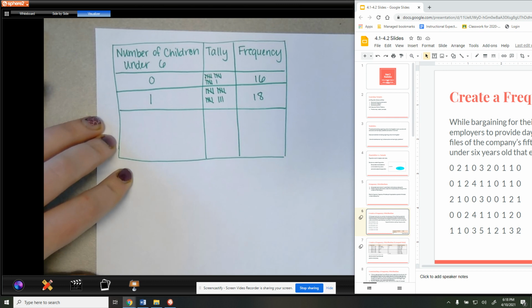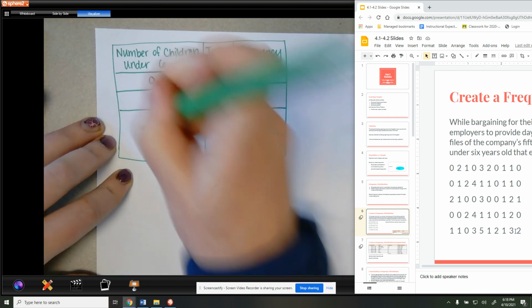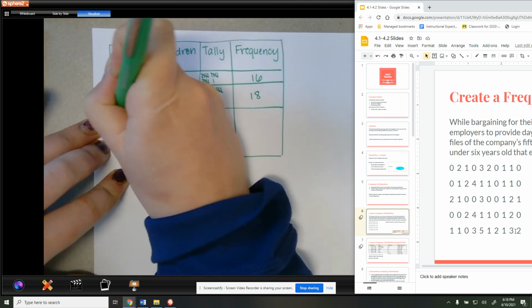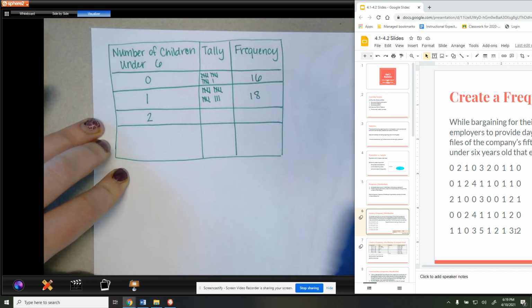There's that one. We could have 2. All right, so 2 children under the age of 6. So 1, 2, 3, 4, 5, 6, 7, 8, 9, I believe.